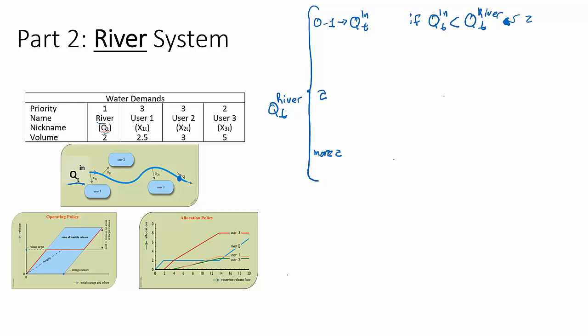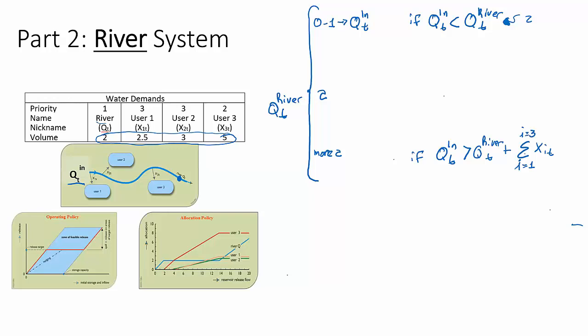Now, the river will receive more than 2 units when this Q in, the water available, the water coming in, is greater than this Q river plus the sum of all the human water demands.